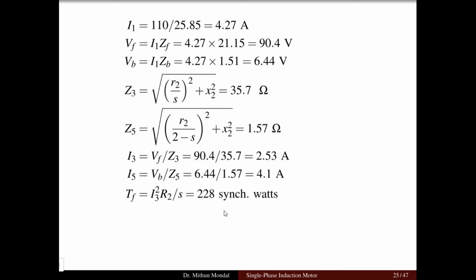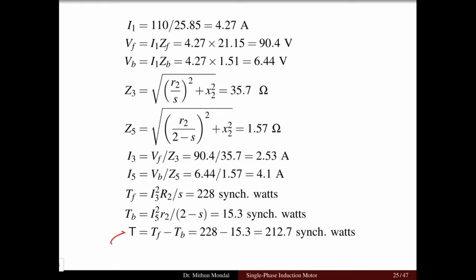Now the torque in the forward field we can obtain from the current I3, which is I3 squared R2 by S. That is equal to 228 synchronous watts. Whereas for the backward field, we get it in path number 5. It is I5 squared R2 divided by 2 minus S, and it comes to 15.3 synchronous watts.